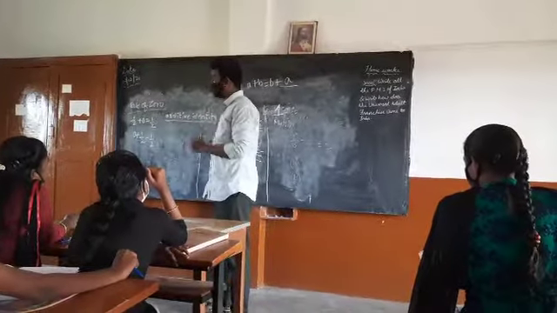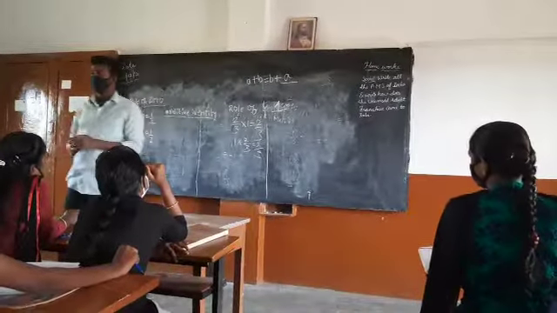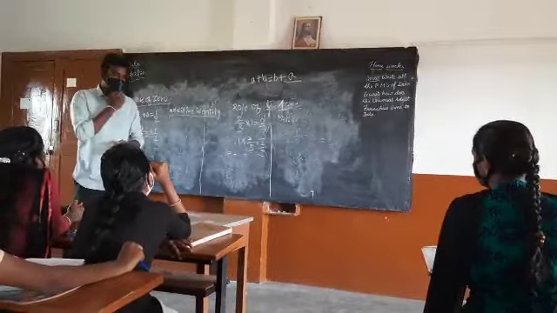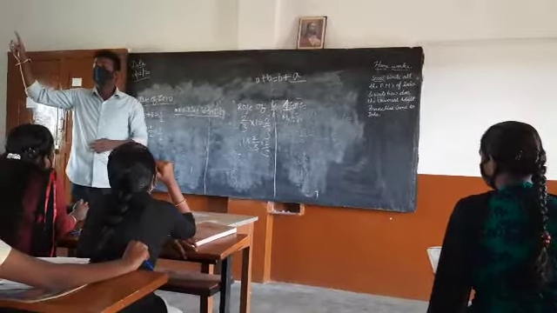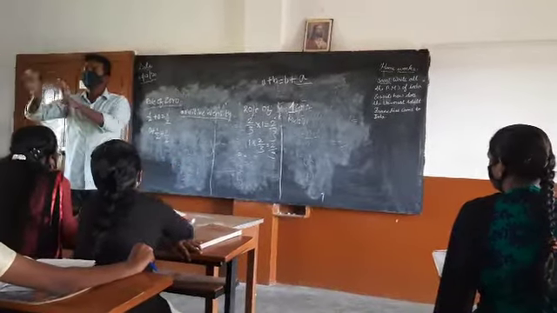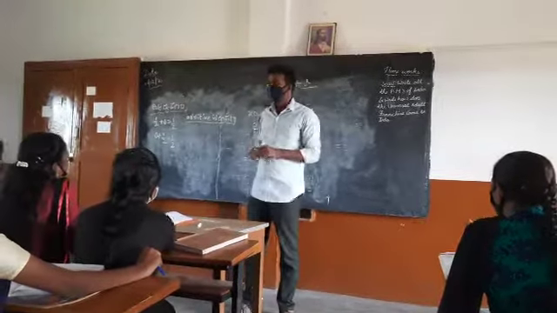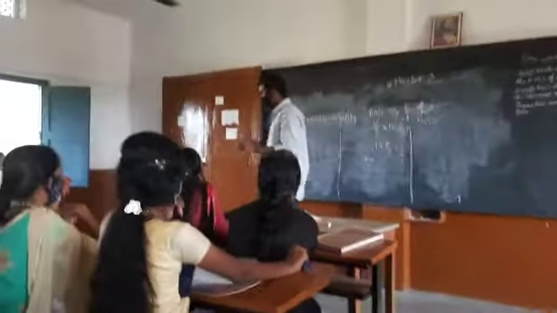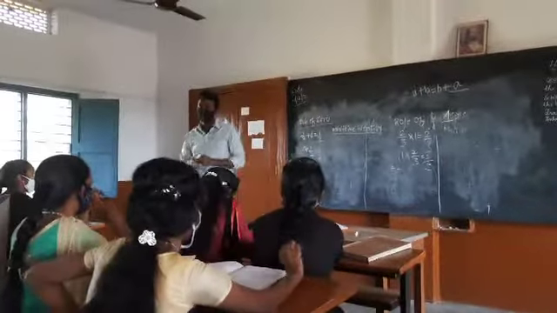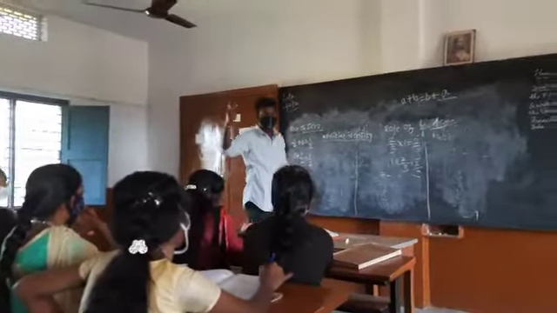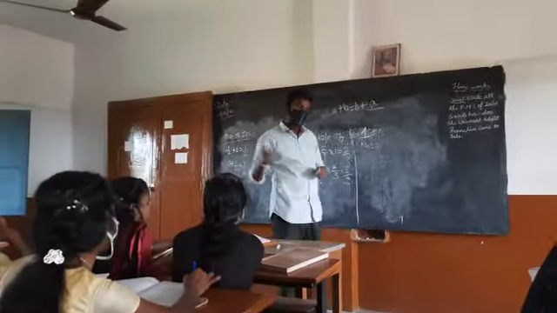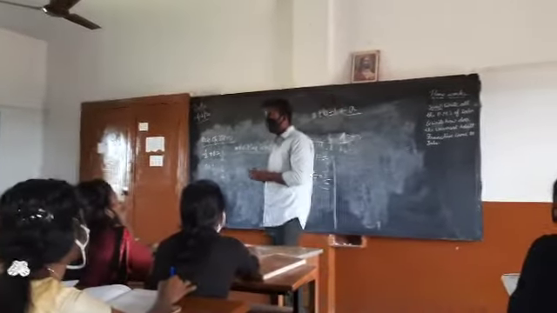So, let us recap what we have discussed today. We started with the associative property under subtraction. Does it satisfy? No, sir. We checked that through LHS and RHS. Does it satisfy multiplication? Yes. Does it satisfy division? No, sir.